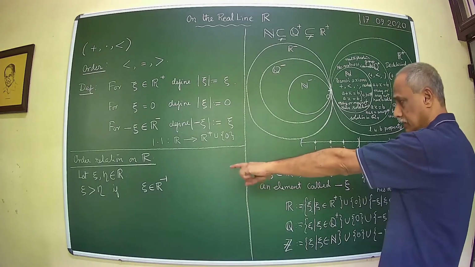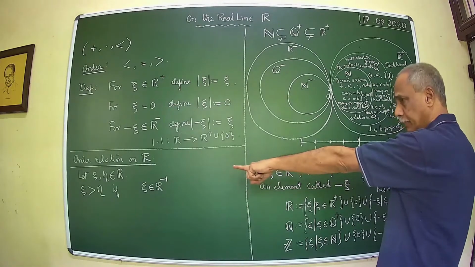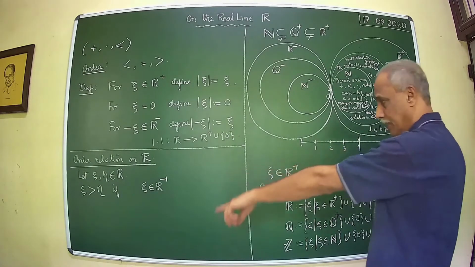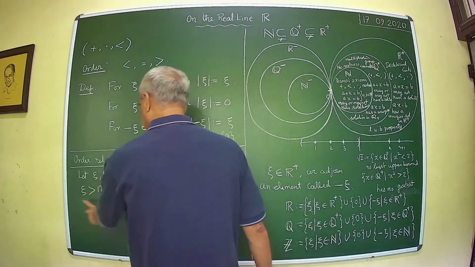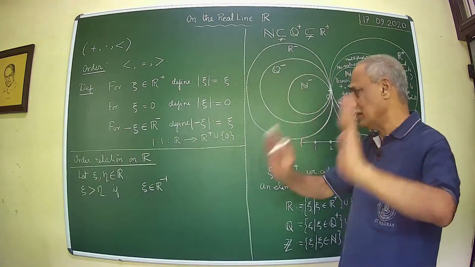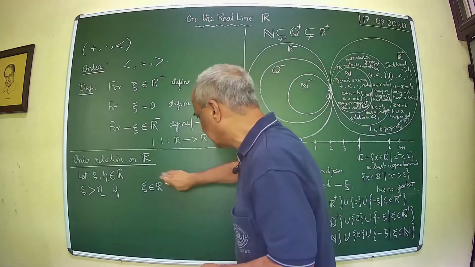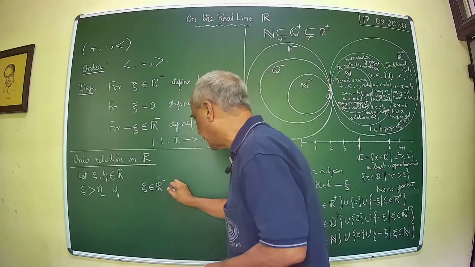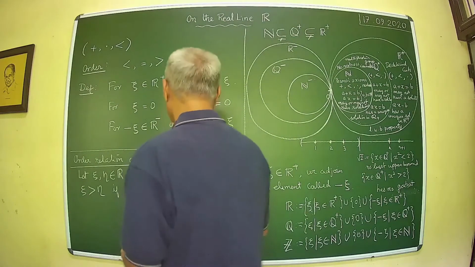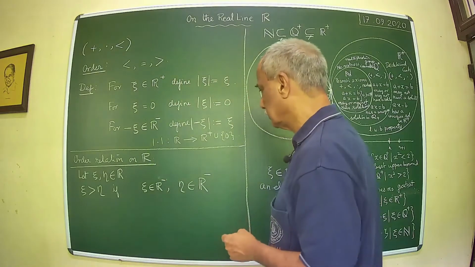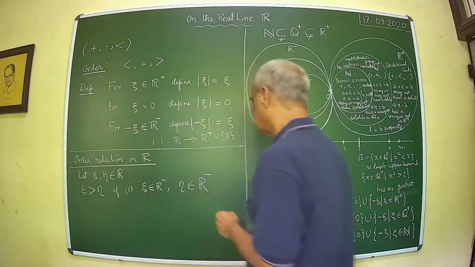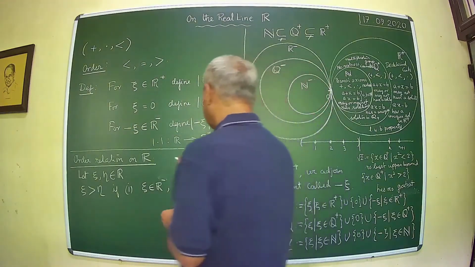See, in mathematics, you do a step, you will have to justify it. So psi is greater than eta has a very definite meaning when both psi and eta are in R plus. So now we are interested in what happens when psi belongs to R minus, eta belongs to R minus, and what you should have.